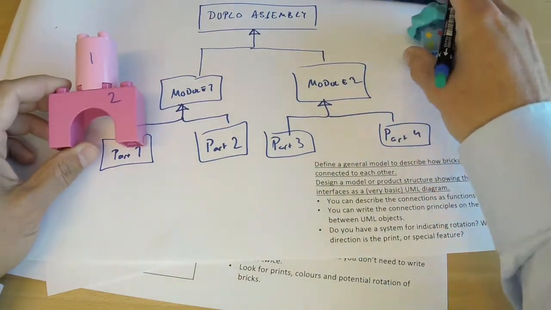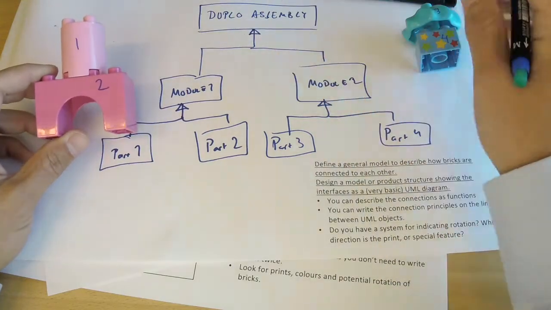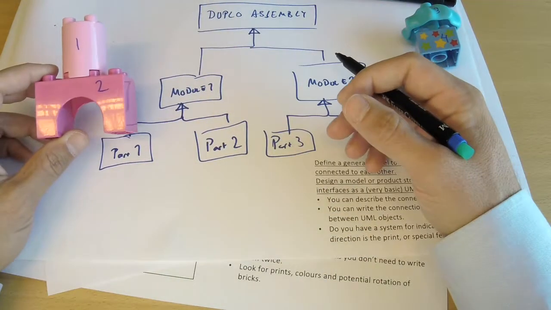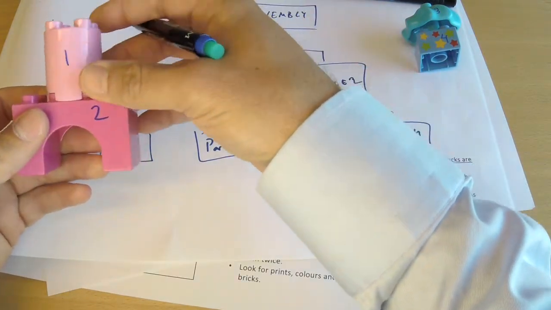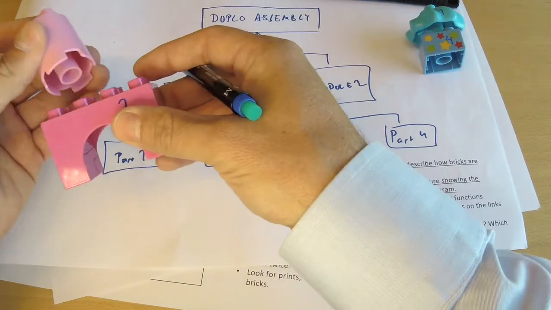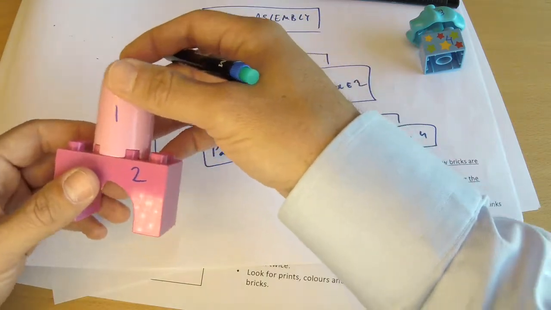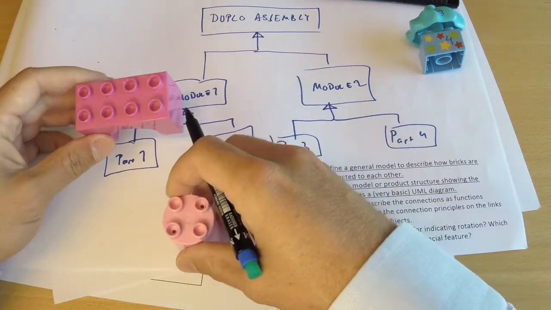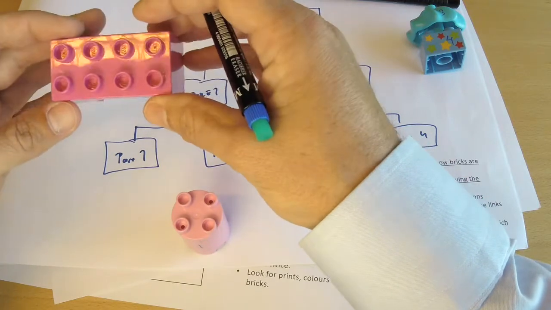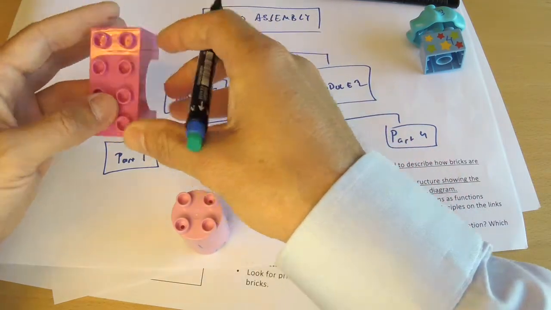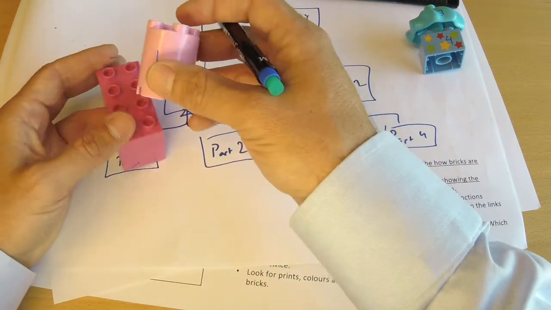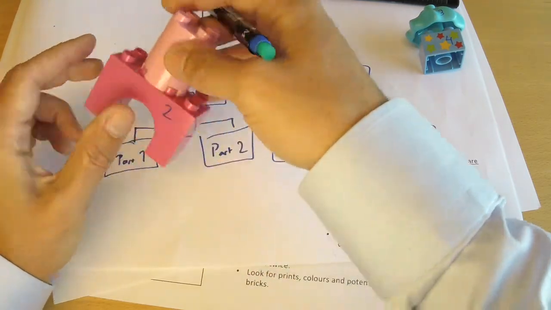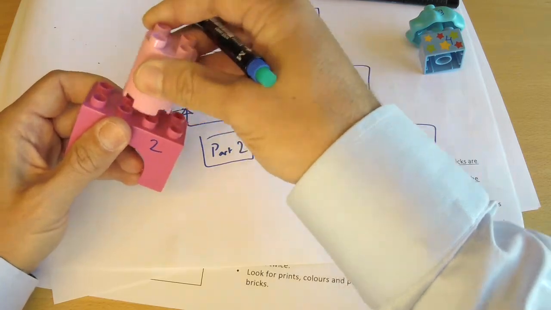So then we shall try to describe how these modules are assembled. How do they connect to each other? And then, of course, we can start calling these. If you remember the example, we could give the studs different names, and then we can make sure that they are connected to different places.